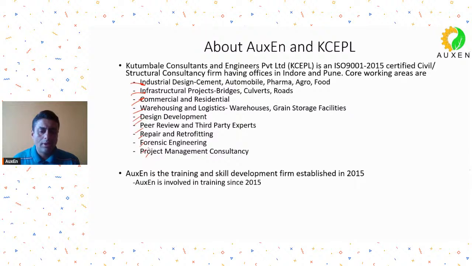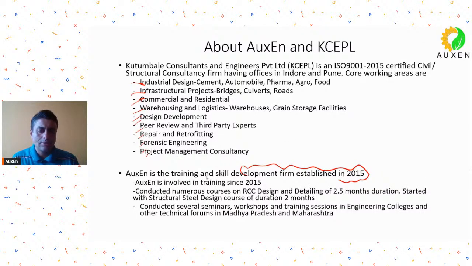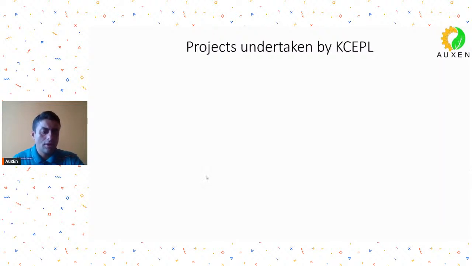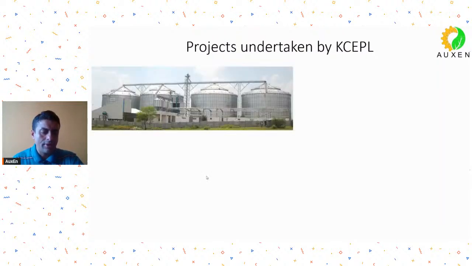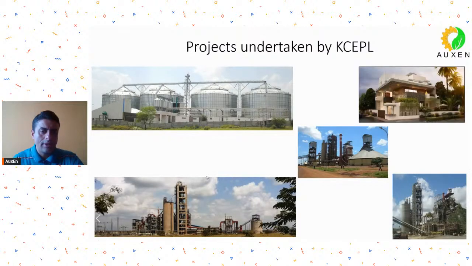And then we also established this skill development and training firm in 2015 with my wife. Me and my wife have been involved in these trainings since 2015, and we have conducted several short-term, long-term, offline, online courses in the past so many years. Earlier we used to be offline, and after COVID we moved completely online.